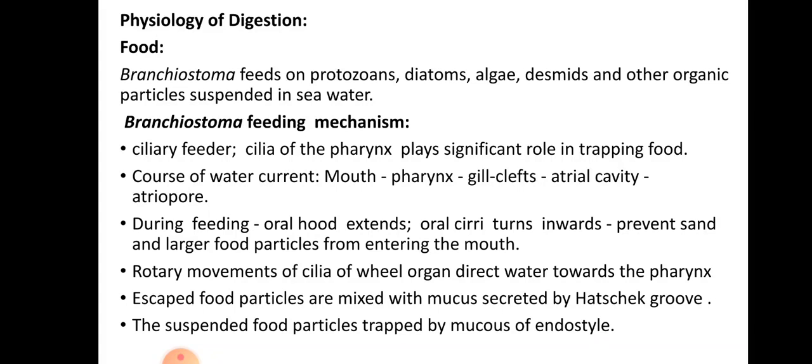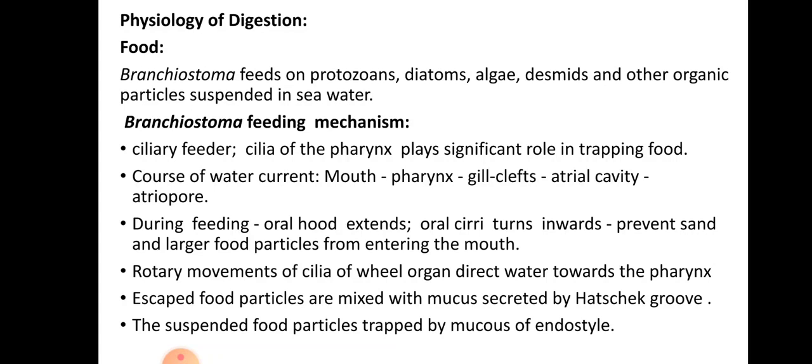The chemoreceptors present on the buccal cirri and velar tentacles probably serve to test the nature of the water current and the food particles. Now, the food particles in the oral hood that escape the main current are caught up and concentrated by the mucus secreted by Hatschek's groove and Hatschek's pit.